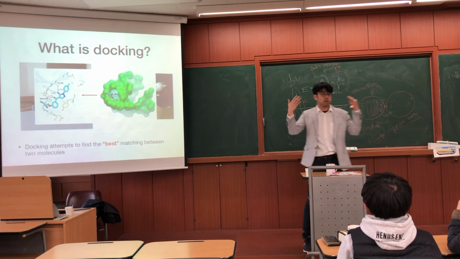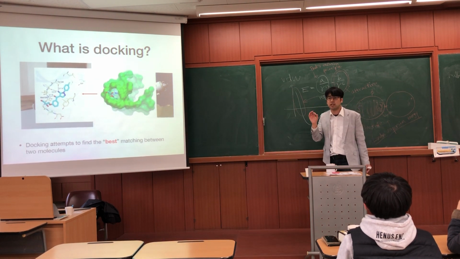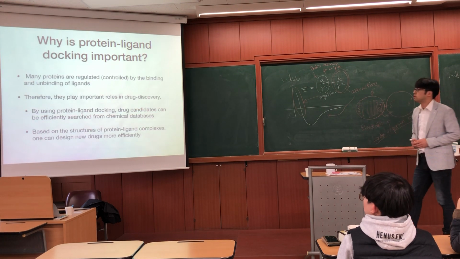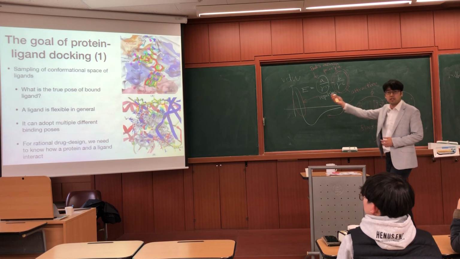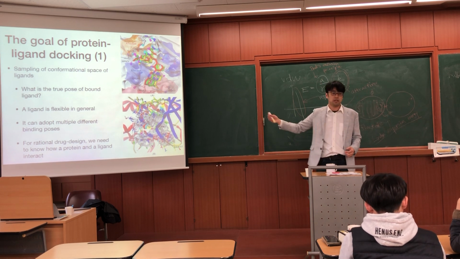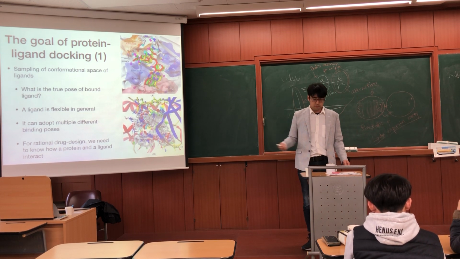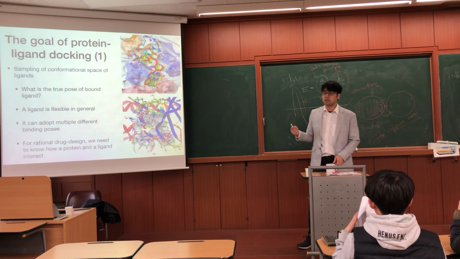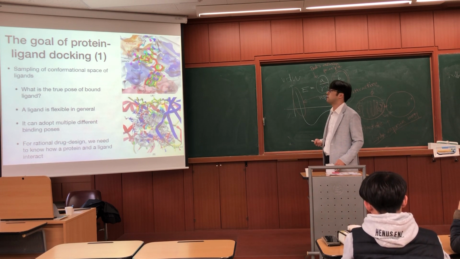So if we know the structure, we can get hints on how to design new drugs. This kind of simulation is routinely and widely used in drug companies these days.